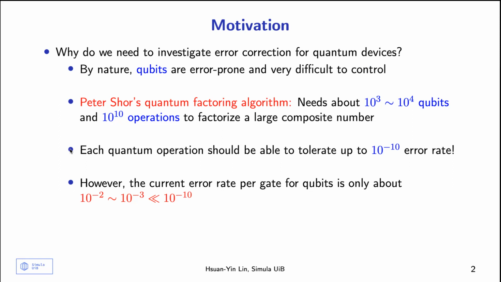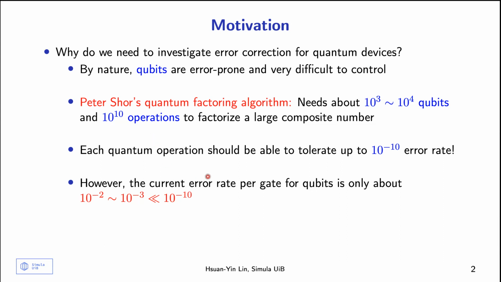That's my observation. We can conclude that we at least need to tolerate a 10 to the minus 10 error rate to implement these 10 to the power operations, because otherwise errors accumulate and you cannot get the correct message.